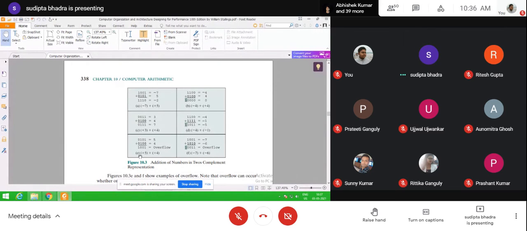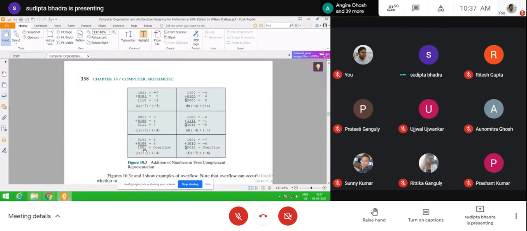Now in the case of 10.3E and 10.3F, this 5 and 4 both have the same sign, means both are positive numbers, and they generate a particular number, that is 9.